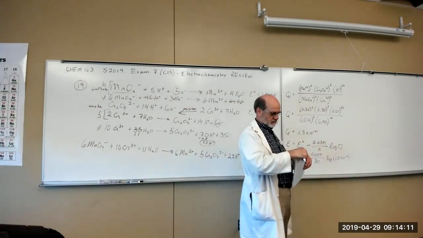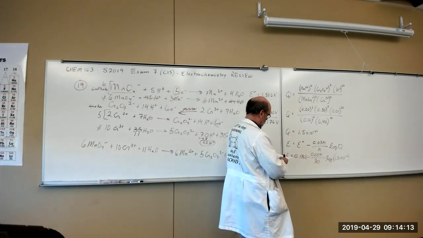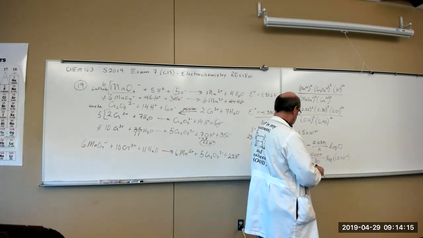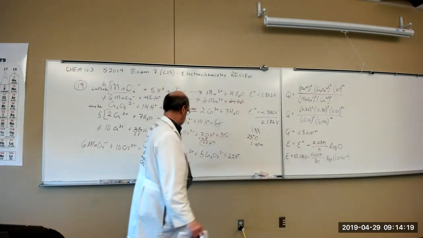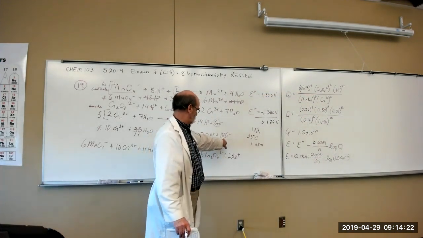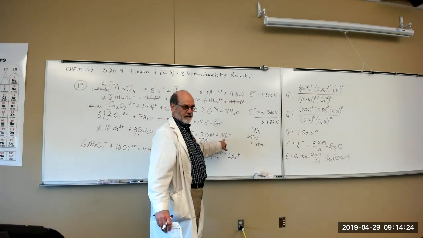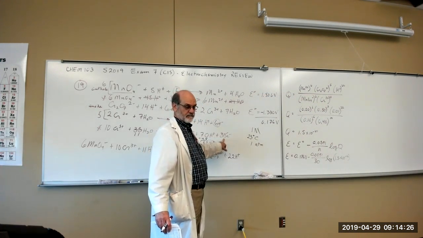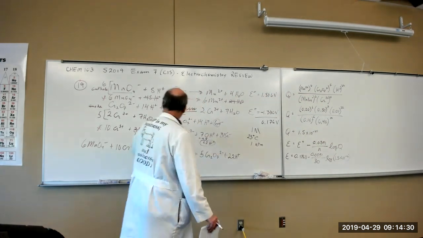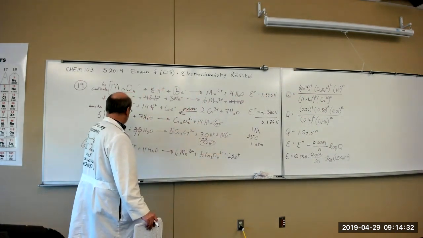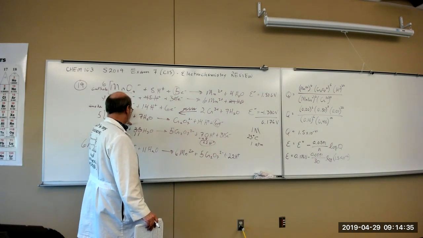Okay, so you can see what N is. N is the number of moles of electrons that are transferred in the reaction. For that, you need to actually do the redox balancing.